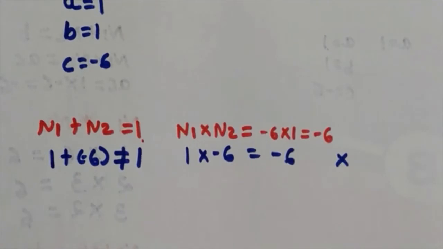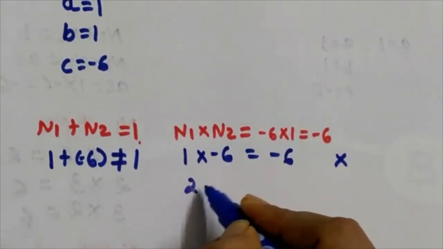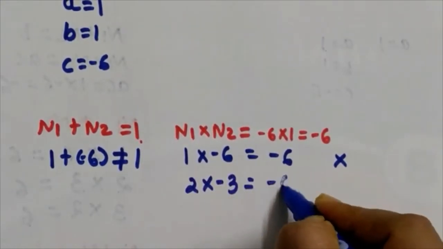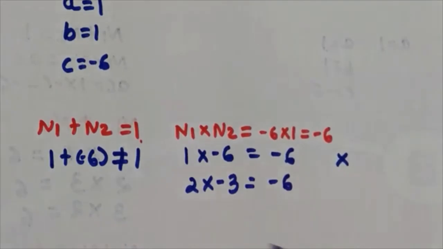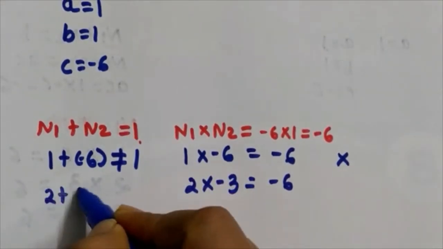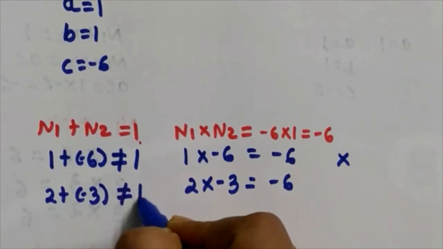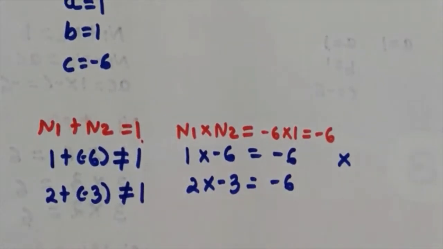Let's take another combination, that is 2 multiplied by minus 3. So we can get minus 6, but when we add them, we do not get 1. So this combination is also not appropriate.